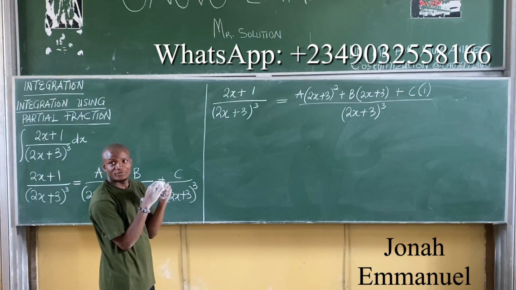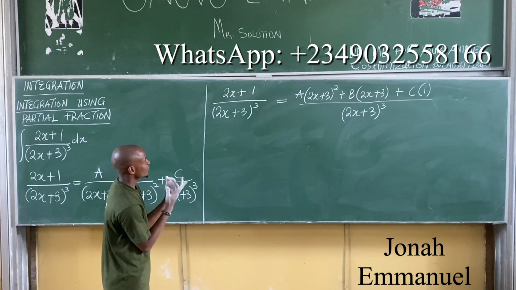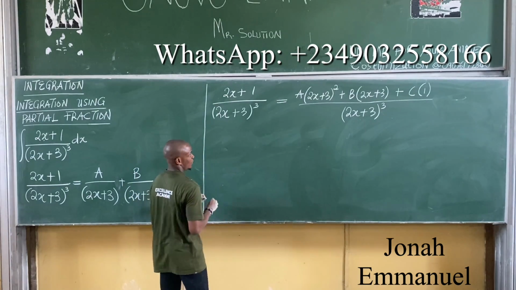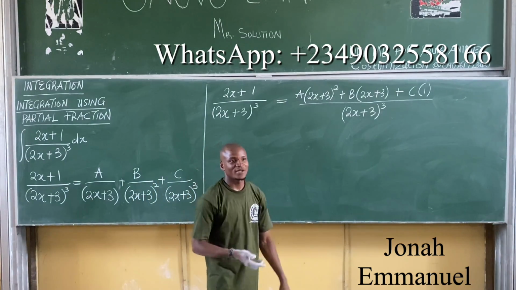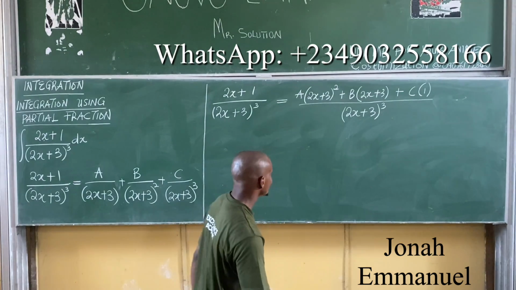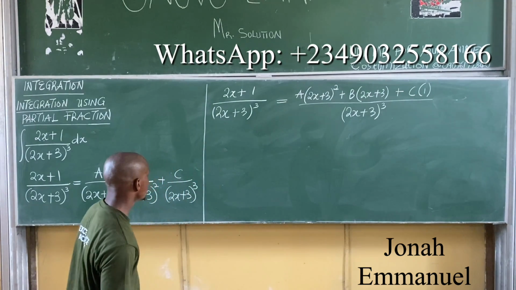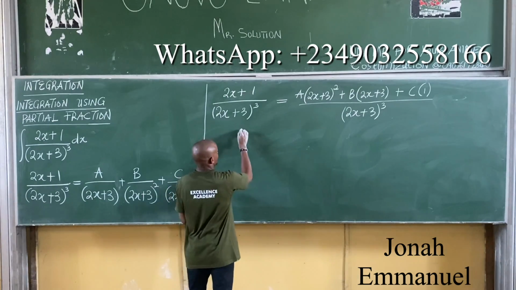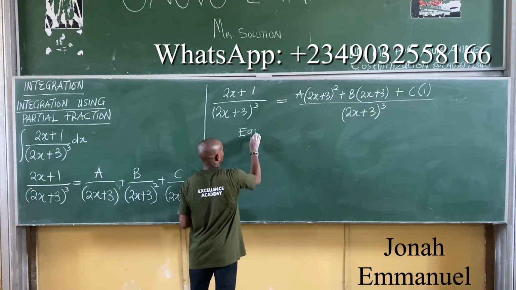Alright, let's get this done. How do you solve this stuff? Which method do we use here to make it easy? At this point, I say equating numerators.